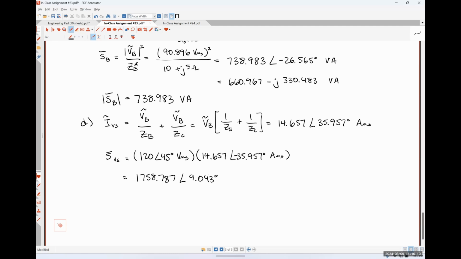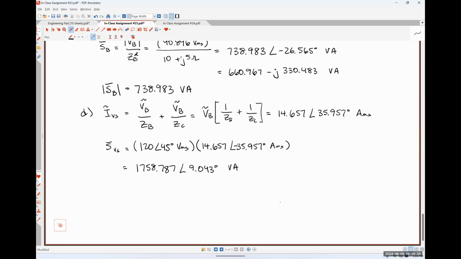And since I'm finding volt amperes, and since I'm finding power factor, I'm going to leave it like this because this is my personal preferred form. So having the complex power supplied by my source, how would I determine my power factor? Cosine of the angle, and whether it's lagging or leading is based on the sine of that angle.